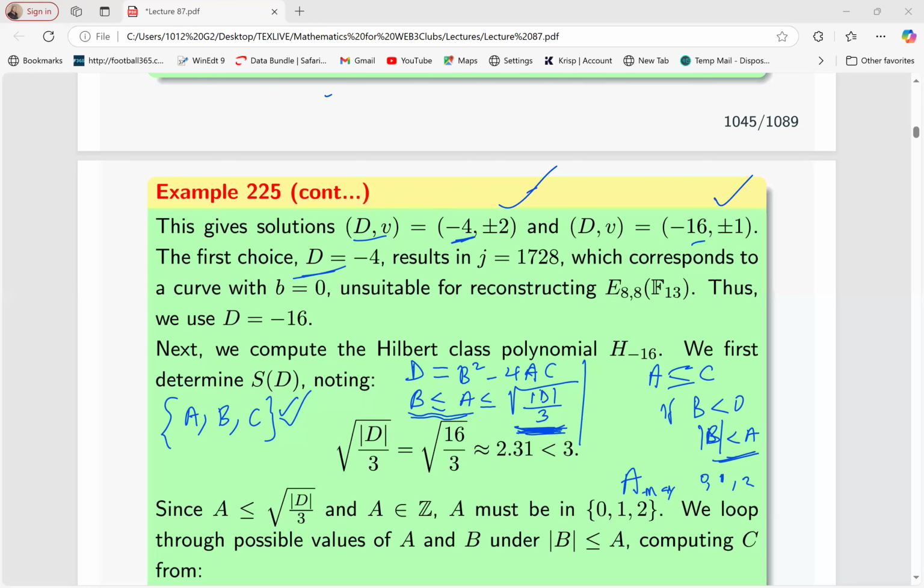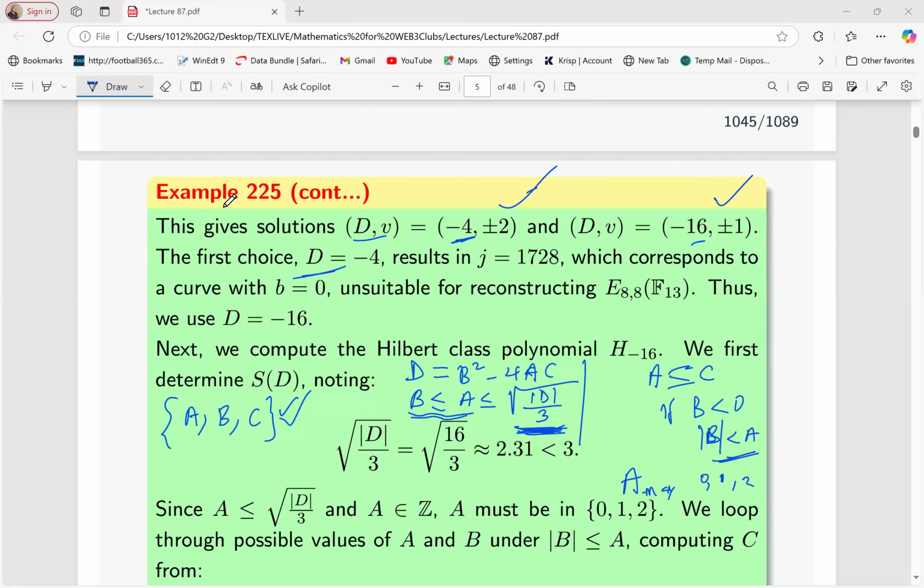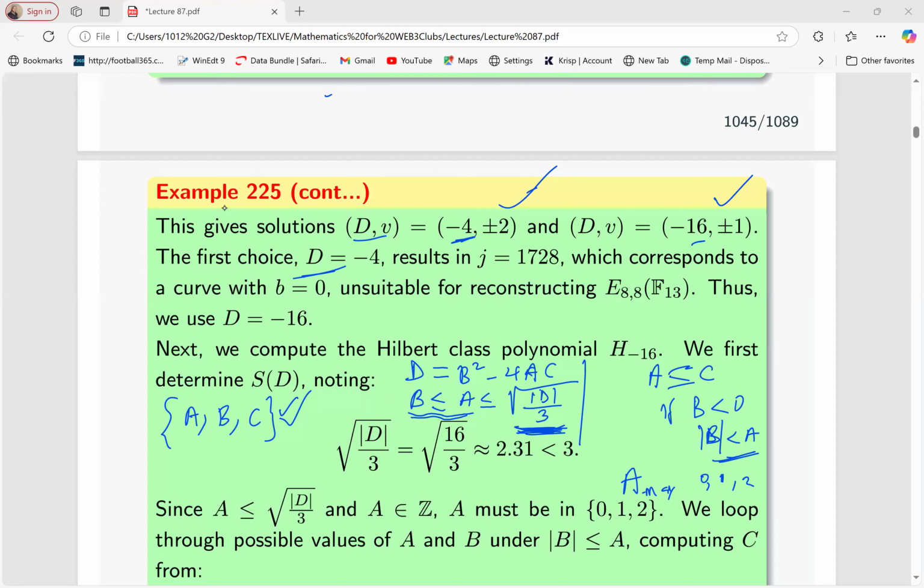I was explaining how you then write the code that will give you the set ABC. I was saying that your code must first of all find a maximum. The maximum A is the square root of the discriminant over 3.